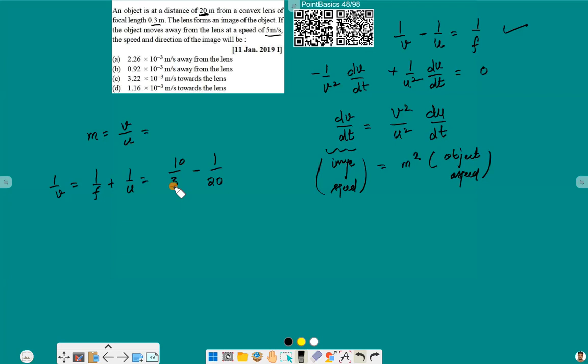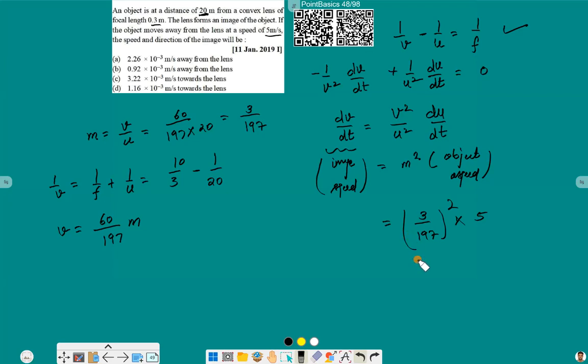Now if we solve this, we get v is equal to 60 by 197 meter, and then magnification will become 60 by 197 divided by u, that is 20, so magnification is 3 by 197. So image speed will be m square, means 3 by 197 whole square, times object speed, and object speed is 5 meter per second.